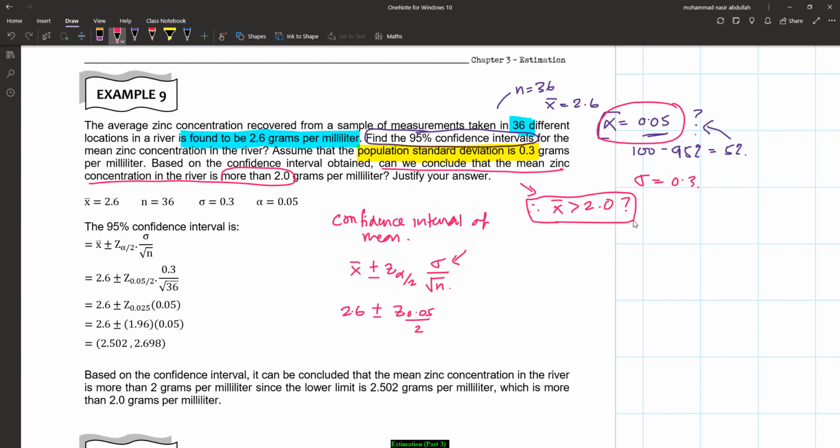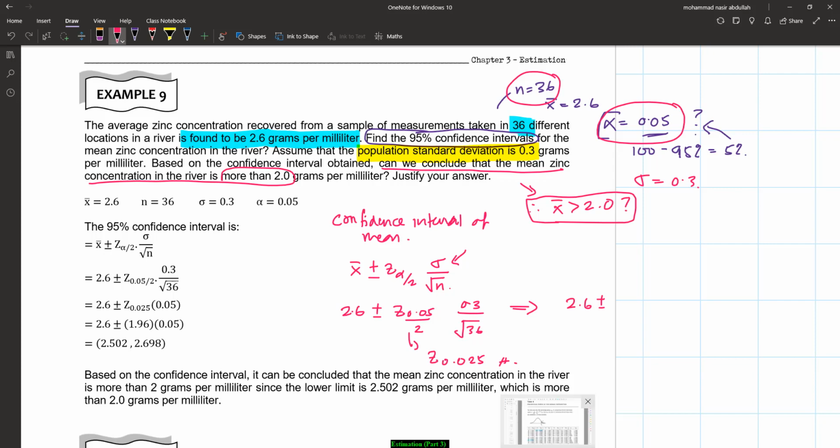The population standard deviation is 0.3 divided by square root of 36. So 2.6 plus minus Z alpha divided by 2, which is Z 0.025. Betul? Alpha 0.05 divided by 2 is 0.025.